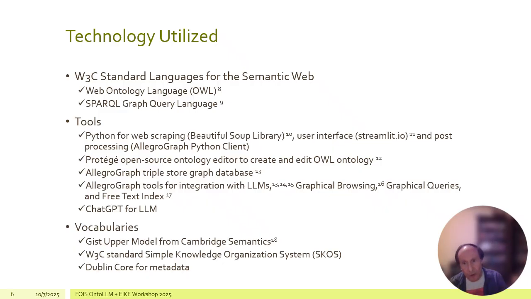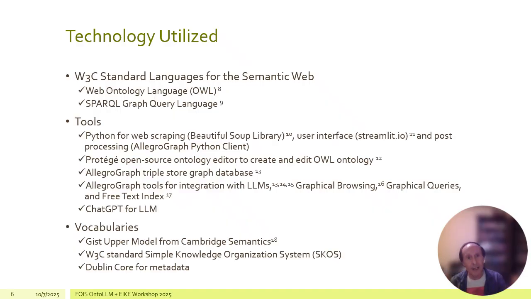And AllegroGraph was also our platform for the neurosymbolic architecture because, as with all major knowledge graph vendors, AllegroGraph has now integrated a vector database capability that is similar to databases such as Pinecone. And as I mentioned, we also used the Python client for AllegroGraph. That gave us access to a lot of those wonderful Python libraries.